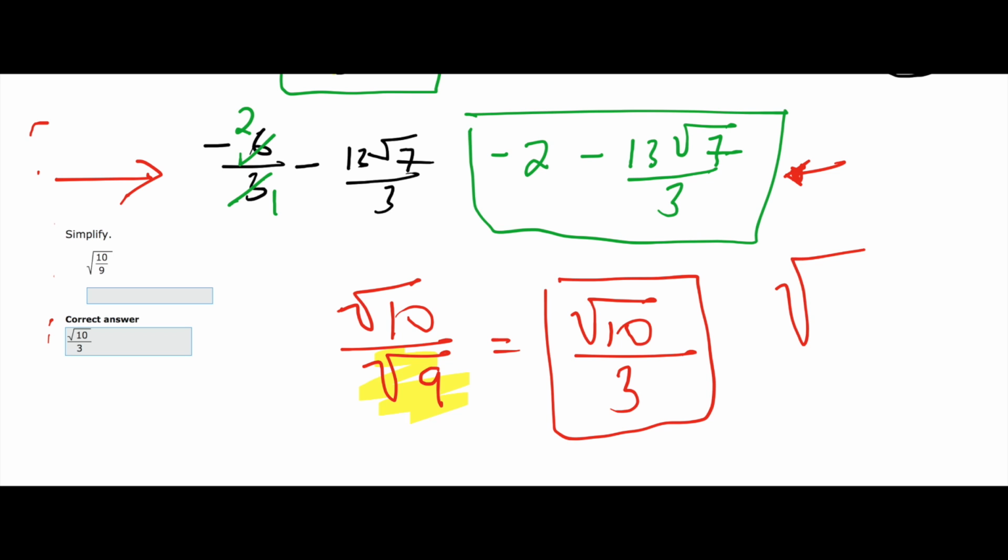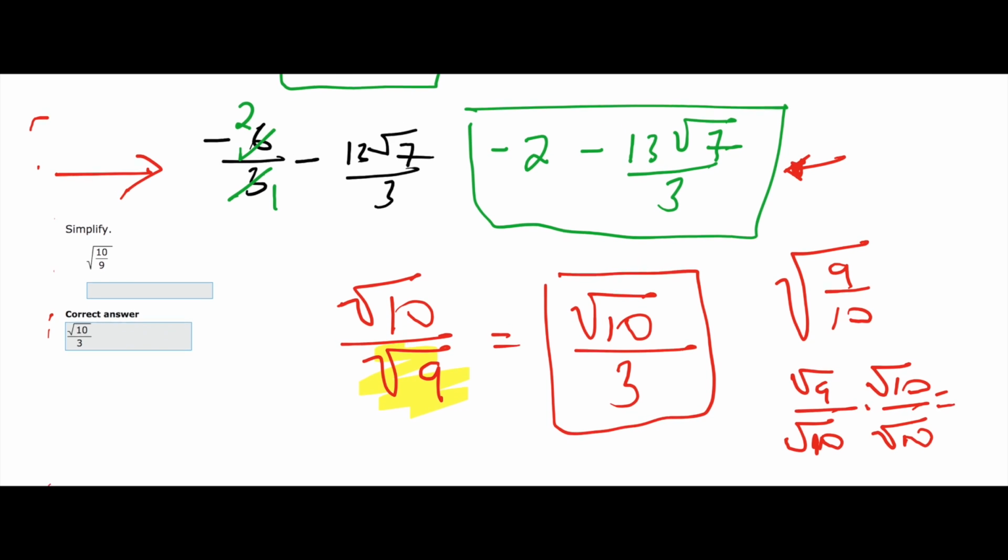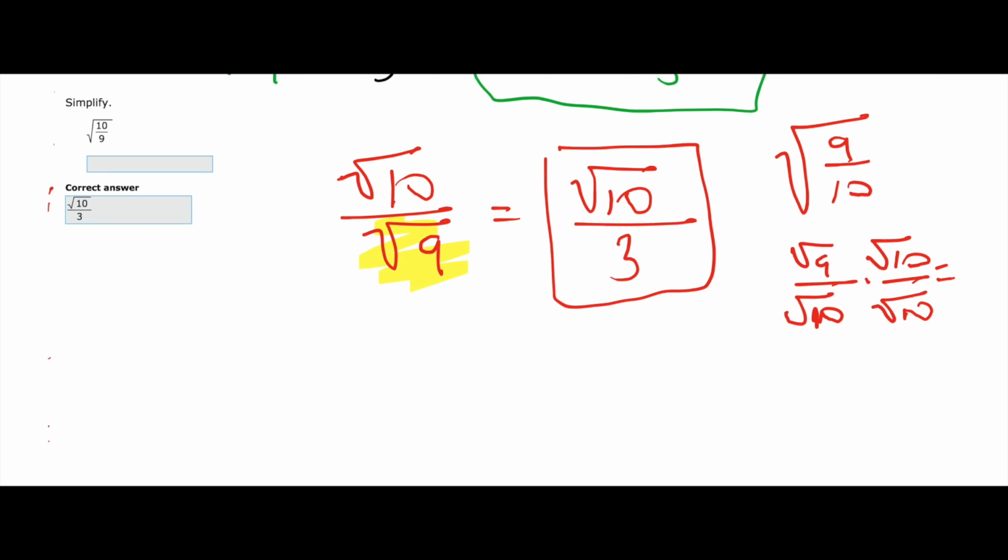You mean like this? Okay, so if root 9 over 10, it'd be root 9 over root 10, multiply both sides by root 10, and then it'll be root 90 over what? Over 10 because of what rule? The happy face rule.